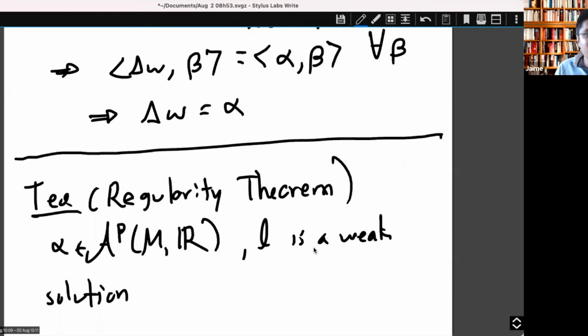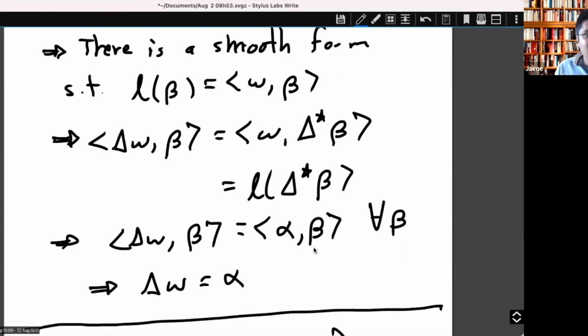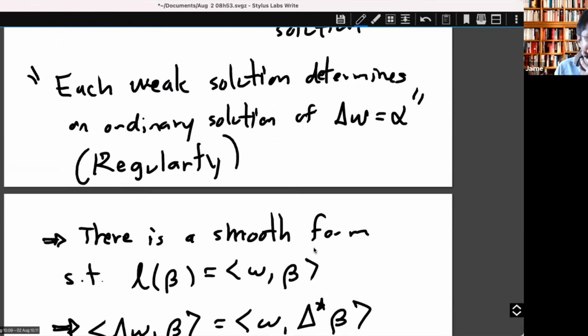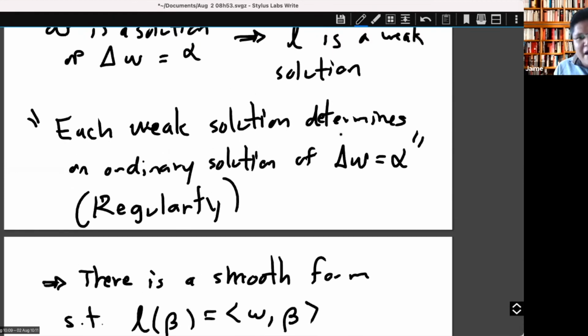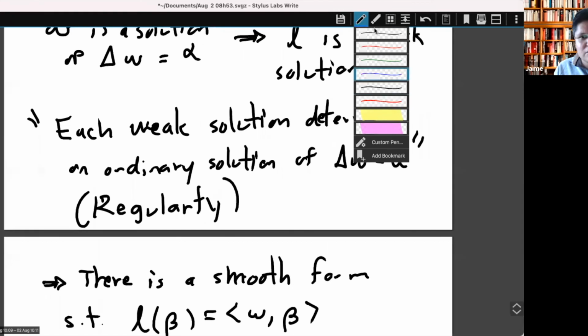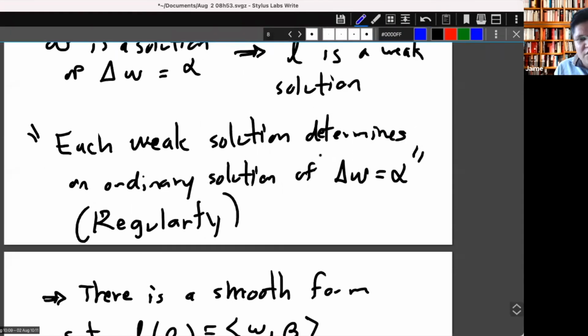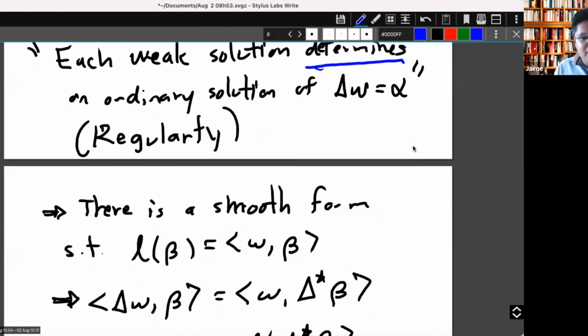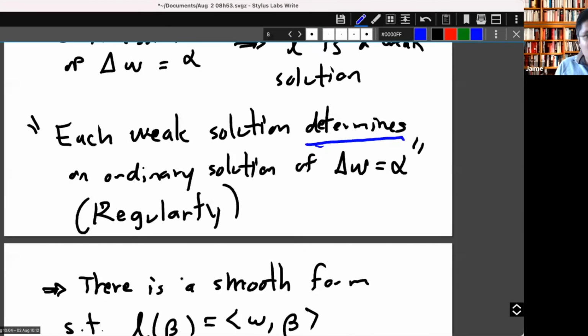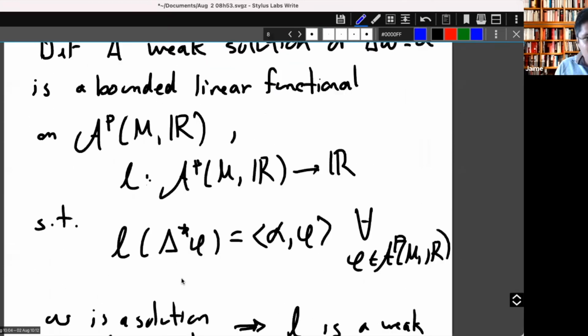Okay, I have to say something here before I continue. Here at the top, I say, when I say determines, this word here, what I'm really trying to say is, I mean, not because you have a weak solution. Let's go a little bit back to the weak solution definition.